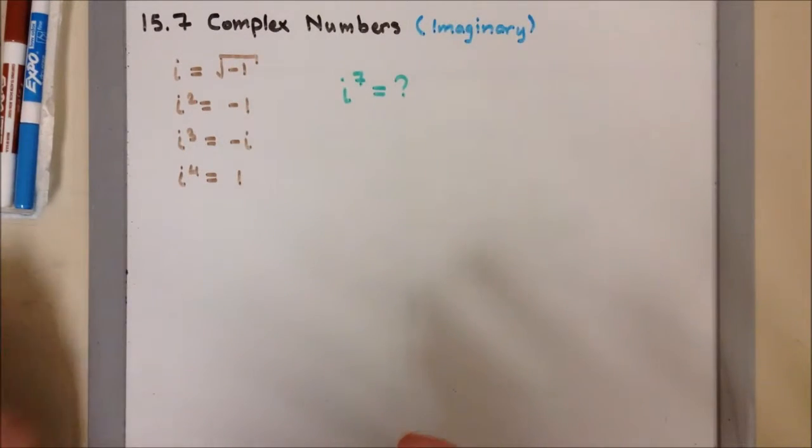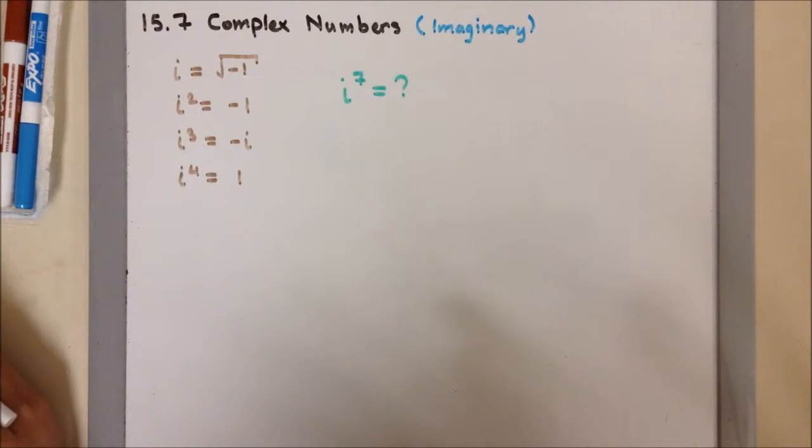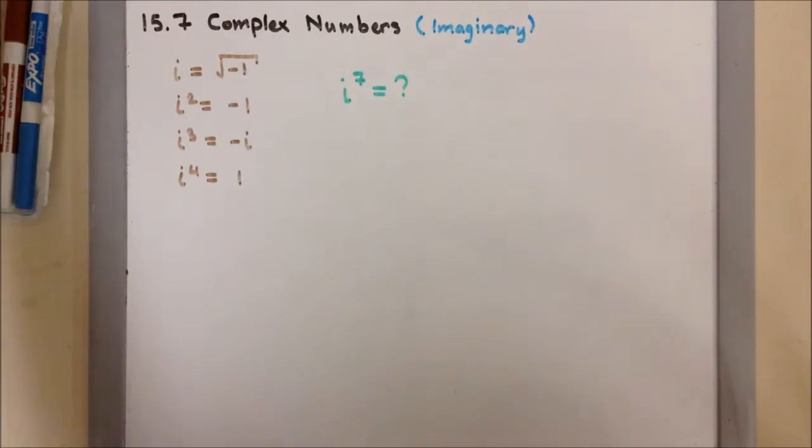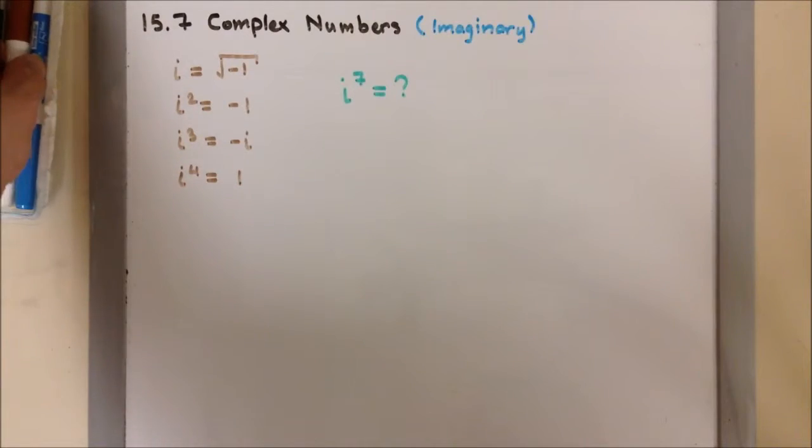So here we're going to be using these 4 types for complex numbers to work on some examples, such as right here, if it asks you to find a power of i. So how will we simplify i to the 7th power? This is our first example. What you're going to do, the basic step, is list it out.